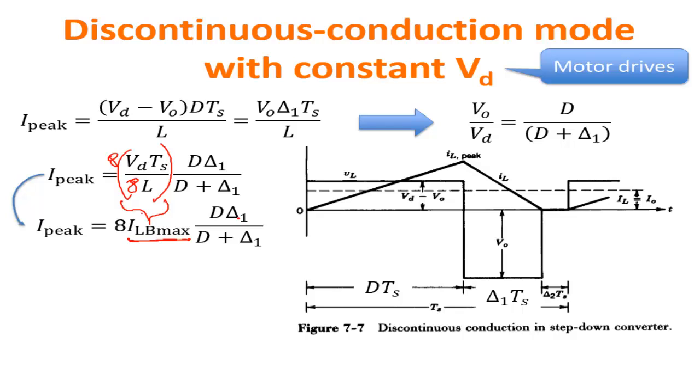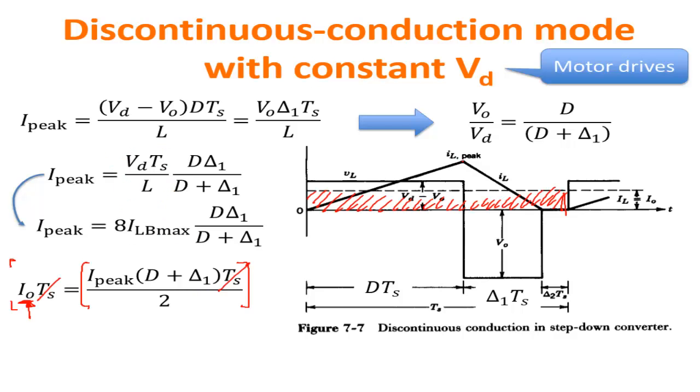So the sum of D plus delta 1 is equal to 1/2. Then this is 1/4 times 8 becomes 2, and therefore the peak current is twice the current that you have at maximum at the limit of continuous conduction. Okay.